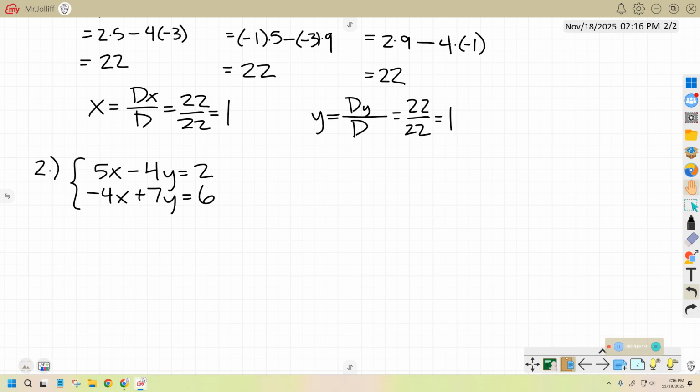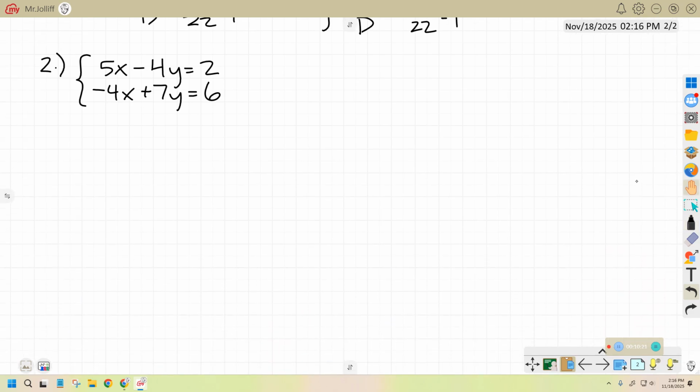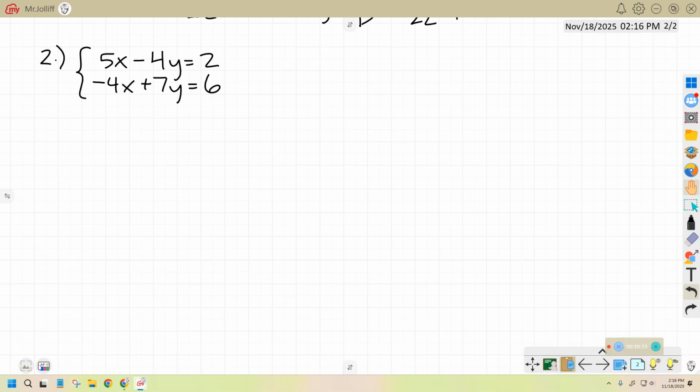So same process. We want to use Cramer's rule to solve the system 5x minus 4y equals 2, negative 4x plus 7y equals 6. All right, Julie, what do I do first?